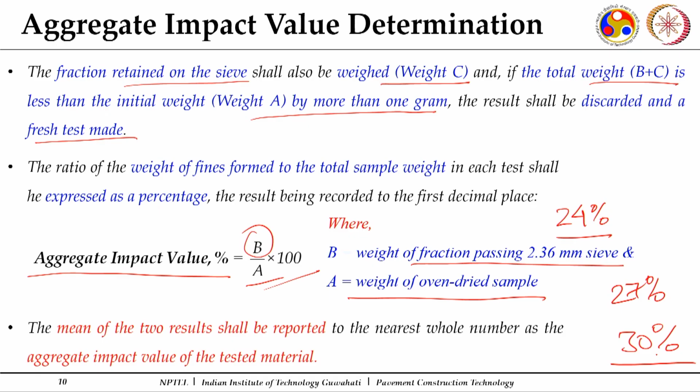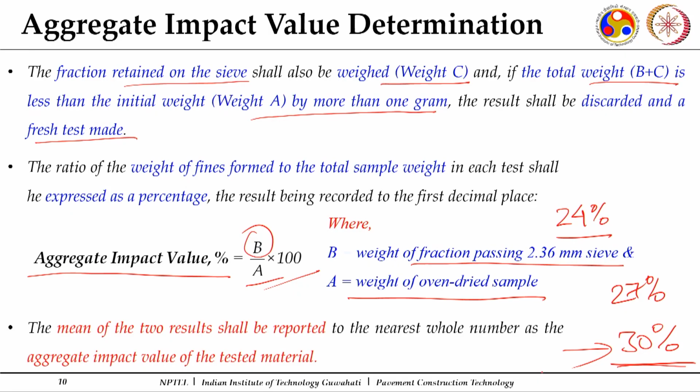What one can understand is that as you go up, as you come closer to the surface where the vehicles will actually ply, you require stronger aggregates compared to the lower layers, because the stresses get dispersed over a wider area and the stress intensity gets reduced at lower layers. So at lower layers you can work with aggregates having higher impact values compared to upper courses, where you may require aggregates with lower impact value.